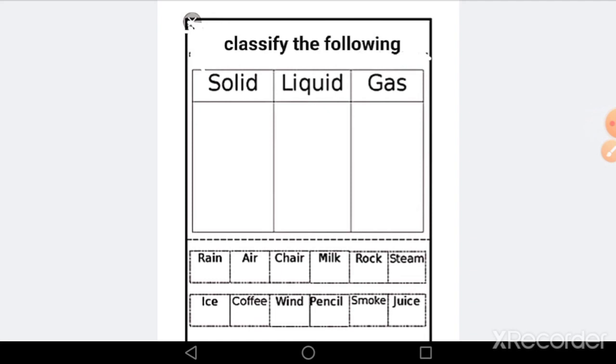For liquids you have to see things which have no fixed shape and can flow from one place to another, because in liquids particles are not very closely packed. In gases particles are very loosely packed, so things which have no fixed shape and can occupy all the available space are examples of gases. So let's start.